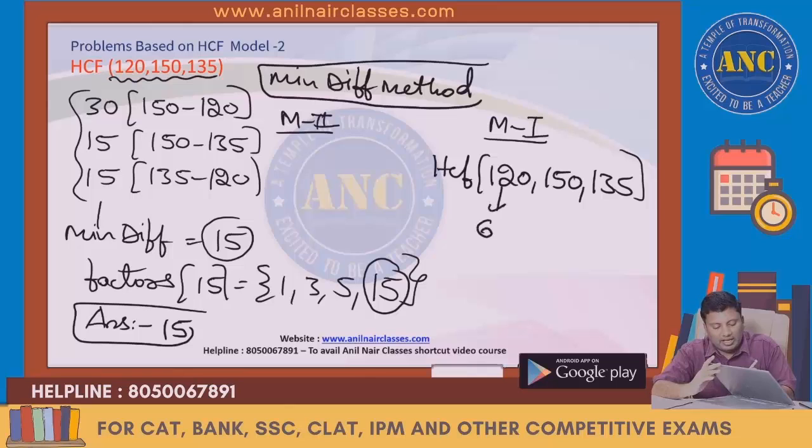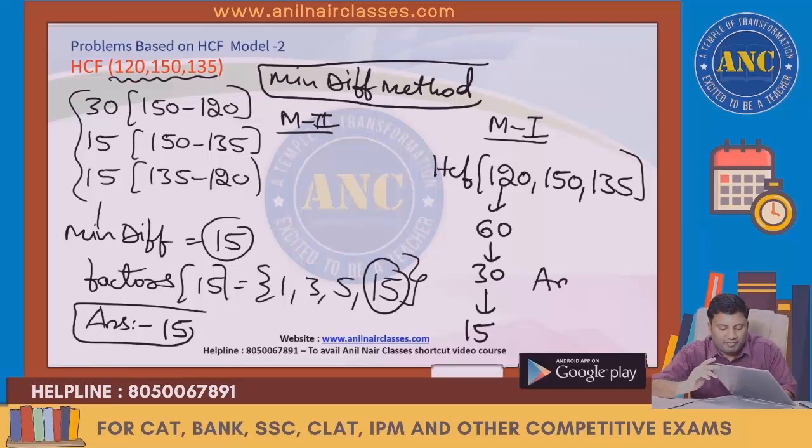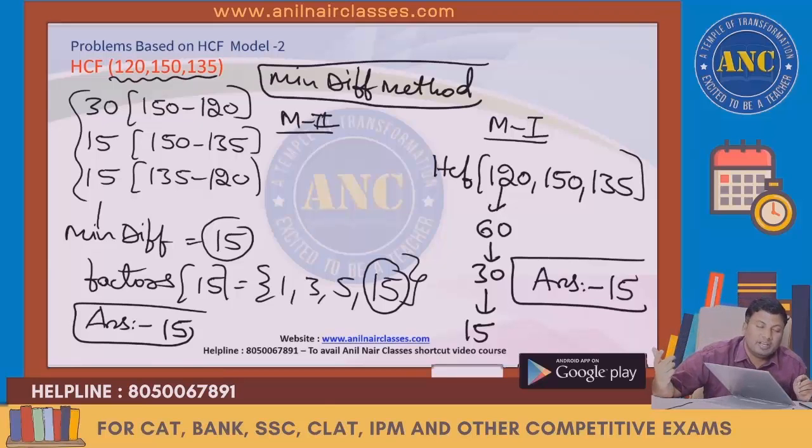Next factor is 60. 60 is not dividing 135. Next is 30. 30 is not dividing 135. Next is 15. 15 divides every other number. So the answer is 15. By taking the difference between the numbers and then the factors, we did it. You can take the minimum difference between the numbers. Next one.